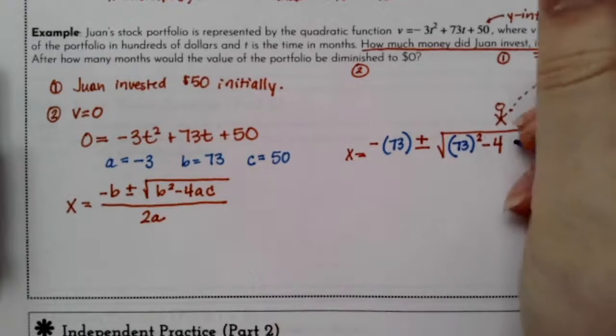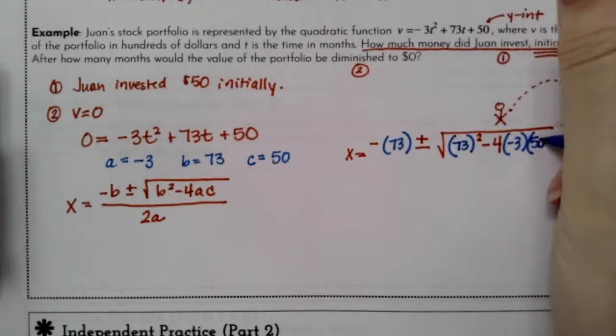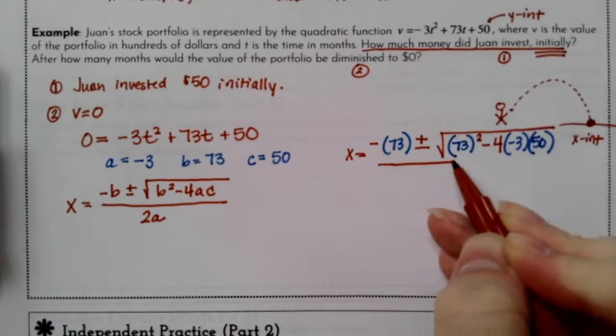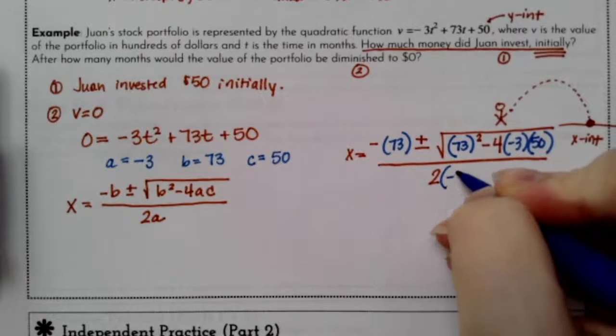My a value is -3, my c value is 50. And this is all over 2 times a, and a is -3 again.